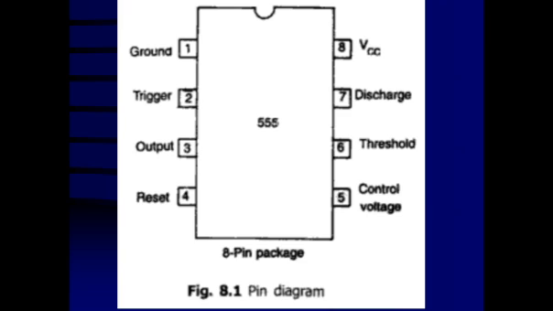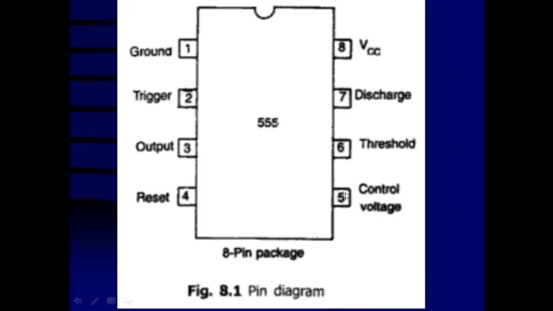Normally it is kept high, but when it makes a transition from high to low, it will be activated and the output is interrupted, and the output will go from high to low, or it will go from the unstable state to the stable state immediately, and it will reside there. So this is the work function of the reset terminal.